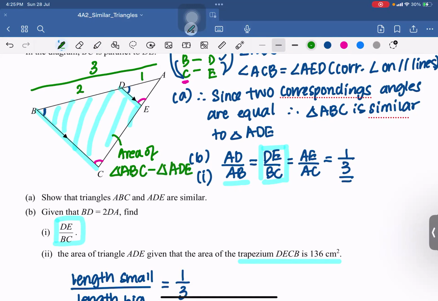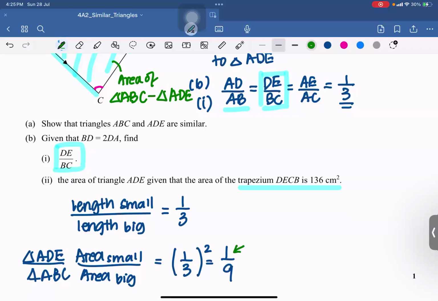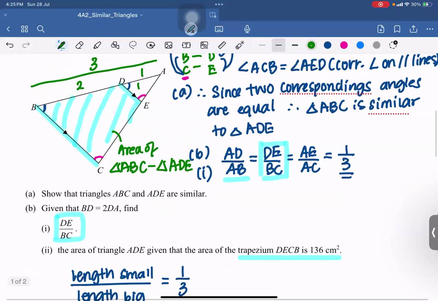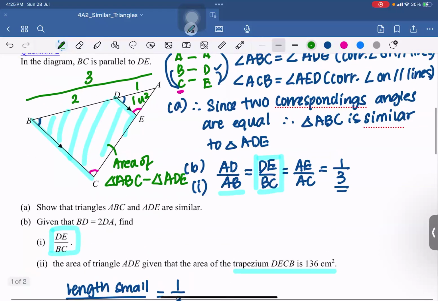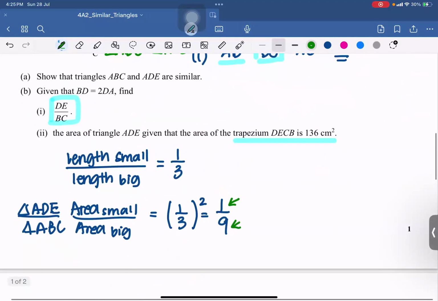According to my number of units here, the small triangle is 1 unit squared. Then the area of the larger triangle, the whole thing, is 9. So that means this area over here will be 8 units squared. Number of units are just the units only, not the actual length or the actual area itself.